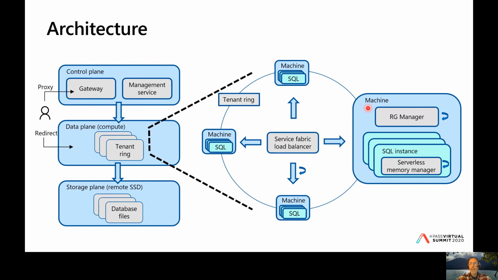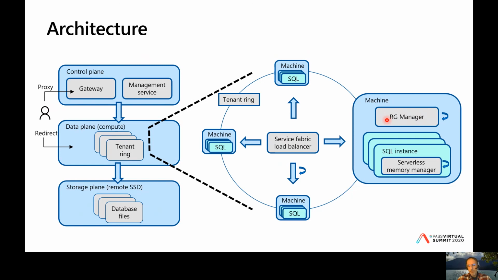On that machine is a component called RG Manager that is performing constant surveillance of machine utilization as well as utilization of the individual SQL instances hosted by the machine. And if the RG Manager detects a bottleneck, then it attempts to resolve it locally.